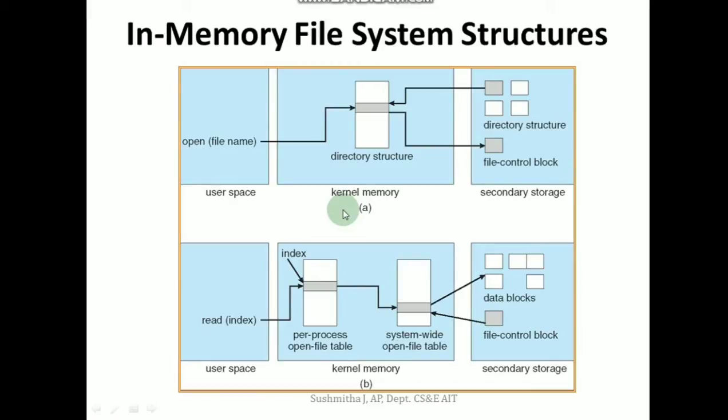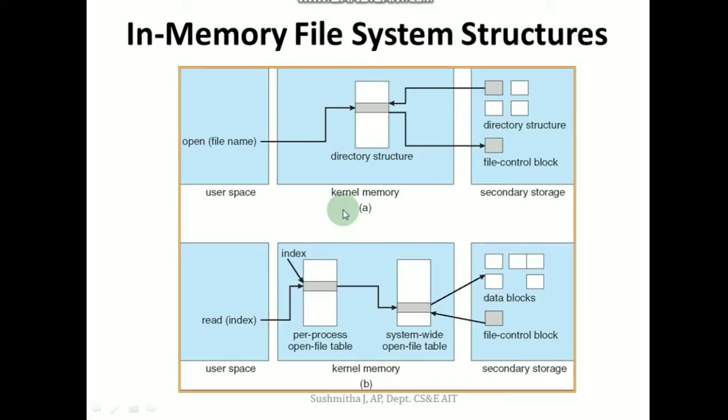So for creating a file, if you remember, we had that layered structure where it starts with the application program. So the application program is going to call the logical file system. So the logical file system is which is one that knows the format of the directory structure.